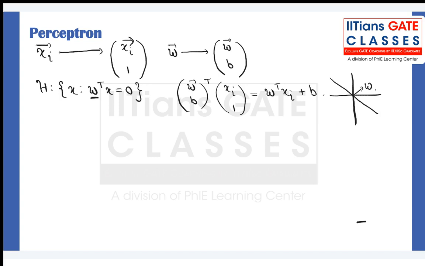So now let us look at the algorithm on how to find a suitable W. The first step is to initialize W as a zero vector, or W to all zeros.